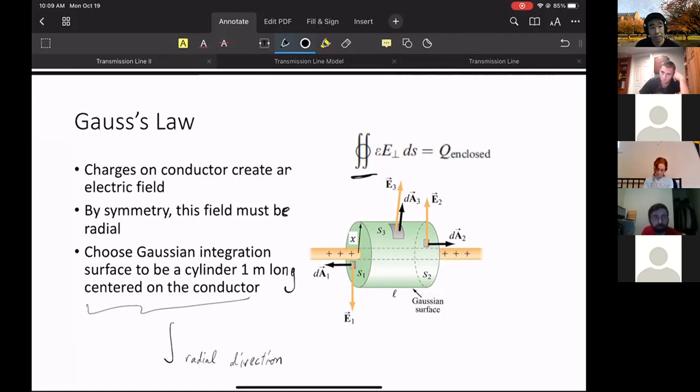If we don't have symmetry, we have to do a surface integral. Here, because we have symmetry, our integration becomes simpler. Let's look at what this actually becomes.